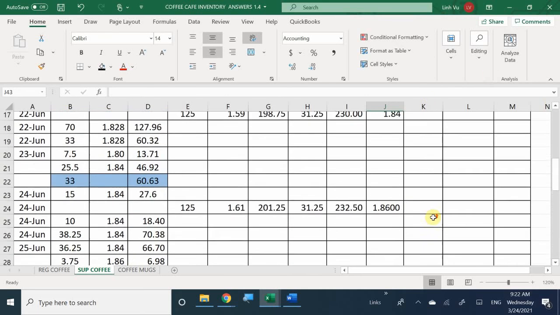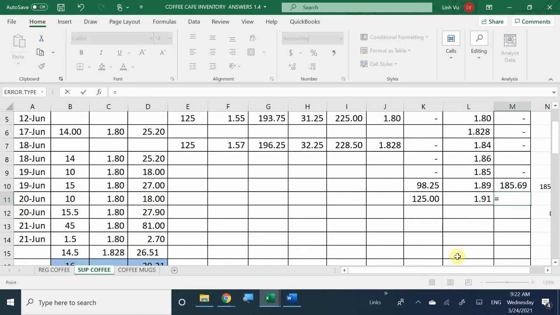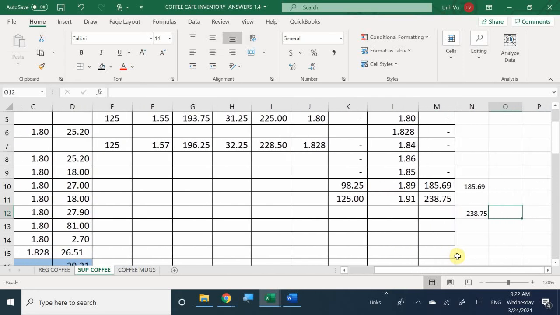So let's bring this over to my inventory worksheet. So I should have 125 at $1.91, which should give me 238.75. So therefore, I need to make a new adjustment over here for my calculations.